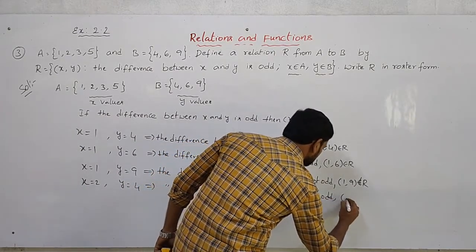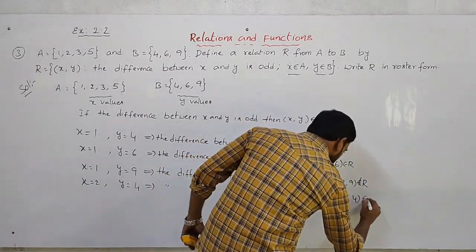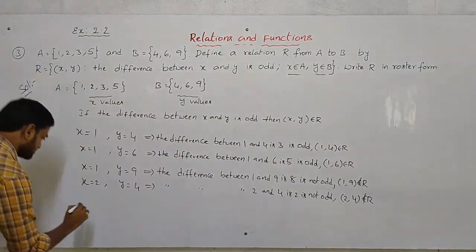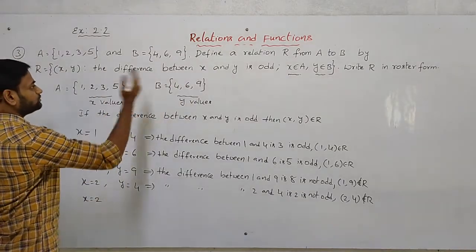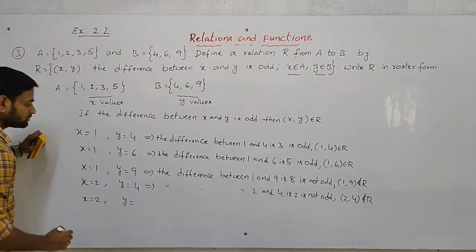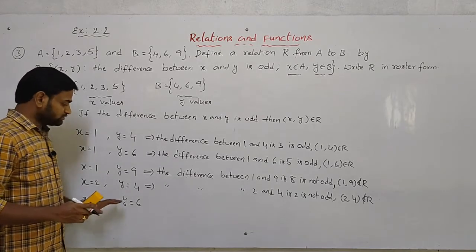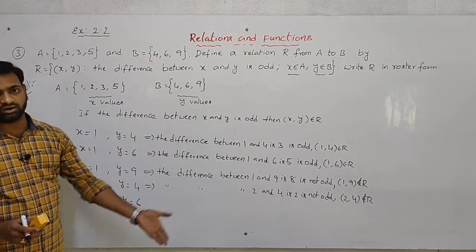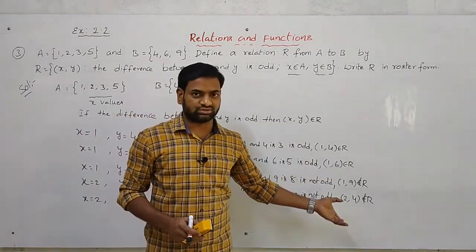When it is not odd, the ordered pair (2, 4) does not belong to the relation. Next, in the same way, x is 2, y value 6 I am taking. Here also you will get difference 4, which is not odd. So many are not in the relation.